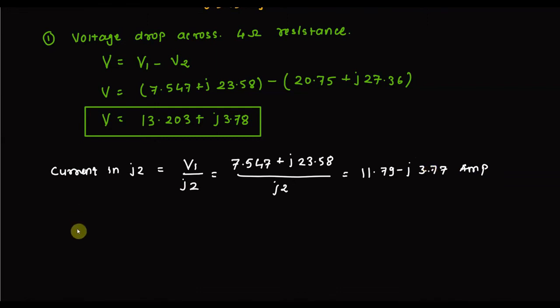Similarly, we can calculate the current in minus j2, which is V2 upon minus j2.